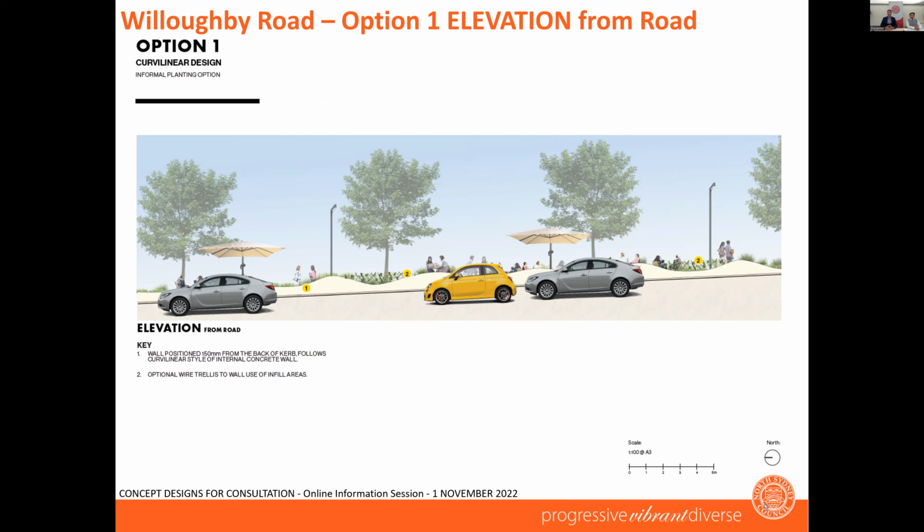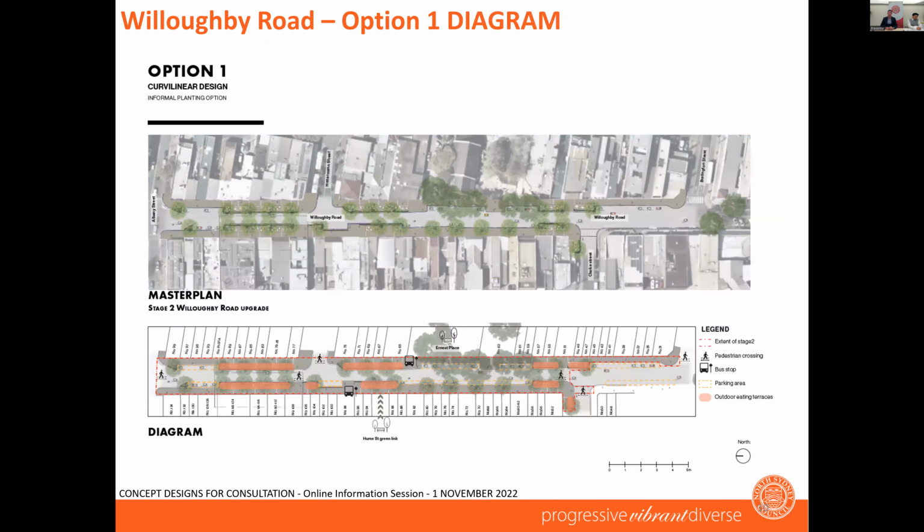There's some articulation through there with some wide trellising or some infills between the wall and the dining bays and the roadway. It also shows you some of the other vertical elements there: the proposal to use very mature trees, lighting elements, and also the umbrella elements as well.